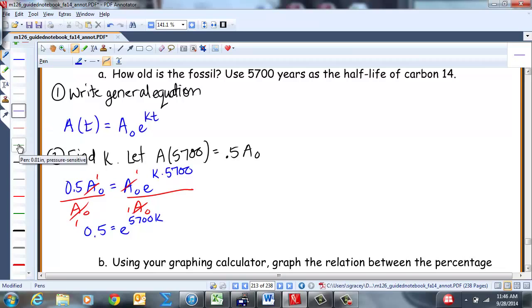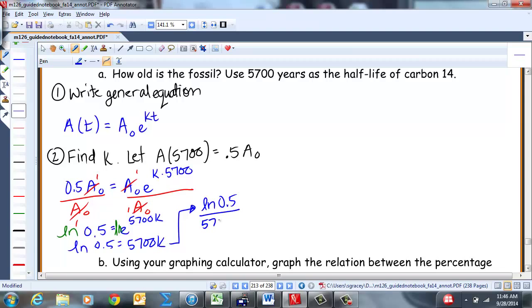Then, applying the natural log to both sides, we get natural log of 0.5 is equal to 5,700 times k, and then dividing both sides by 5,700, we get natural log of 0.5 divided by 5,700 is k.